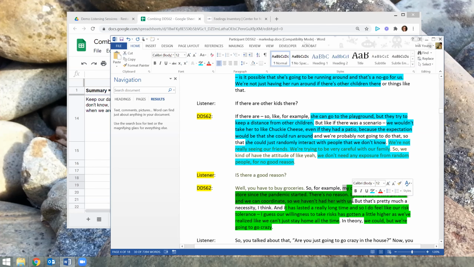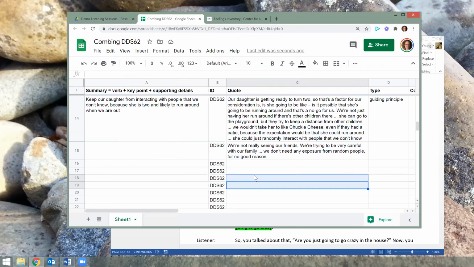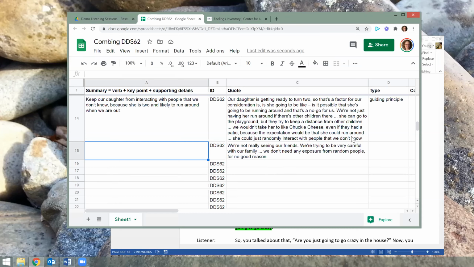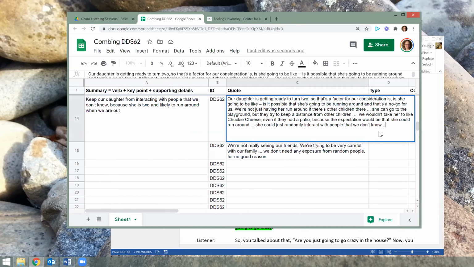And she is admitting, wow, we're so lucky to have 2 of us here and 1 of her. What if we add it here? What happens? Statement of fact that she hasn't been in the store. There's no reason. Luckily, we're 2 parents and we can coordinate.